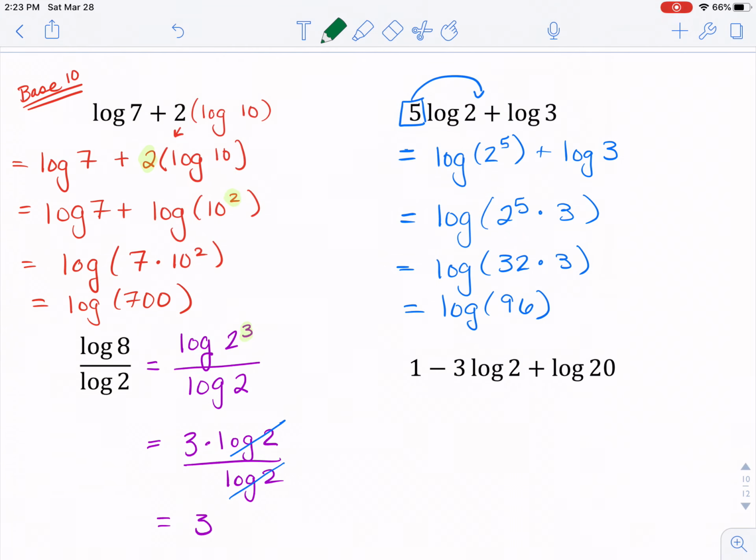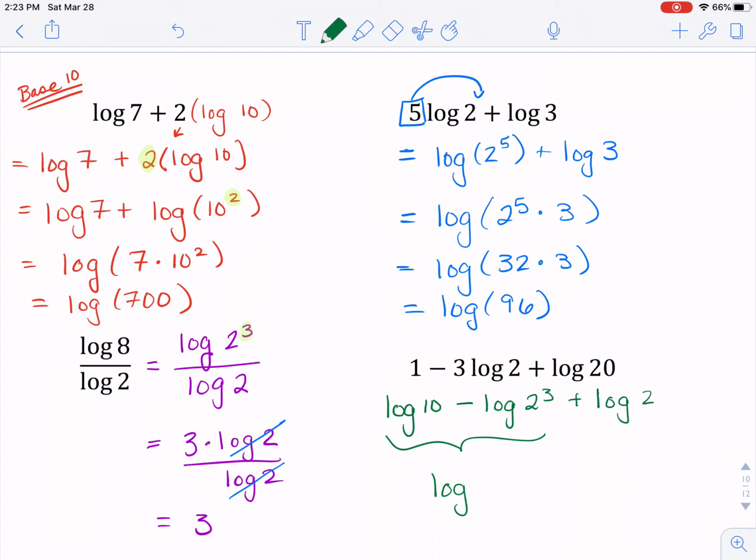All right. Next one. What's my base? My base is 10. So I'm actually just going to say this is the log of 10, minus log of 2 cubed, plus log, not 10, sheesh, plus log of 20. Subtraction means division.